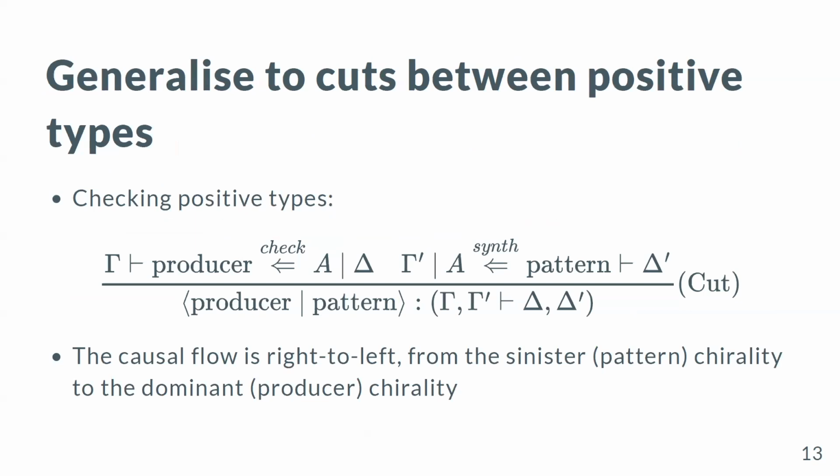So essentially, if you have a cut between a producer and a pattern, and the causality goes from right to left, so first you synthesize the type of the pattern, and then you check the producer against this type, and this gives you all of the connectives of the positive fragments. And the causal flow, you could say, flows from right to left, from the sinister patterns to the dominant producers.